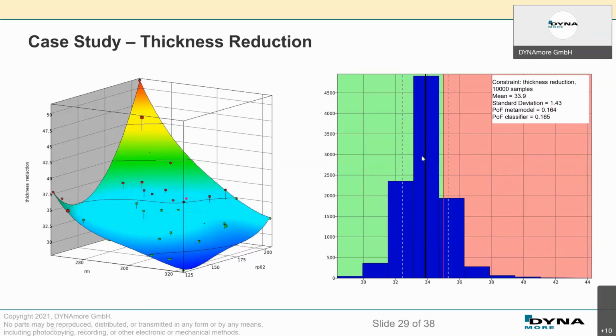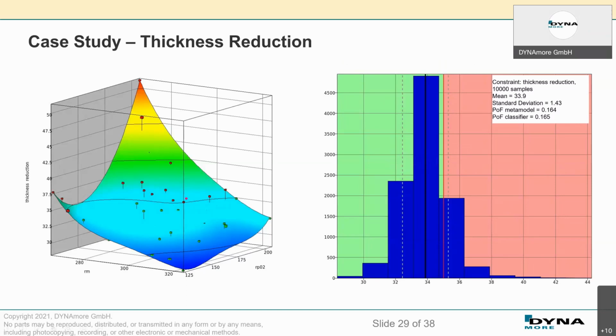The mean value and the standard deviation are also displayed here in the histogram plot, and the values are usually also displayed in the title, which we don't have on this slide. The background is colored by feasibility.